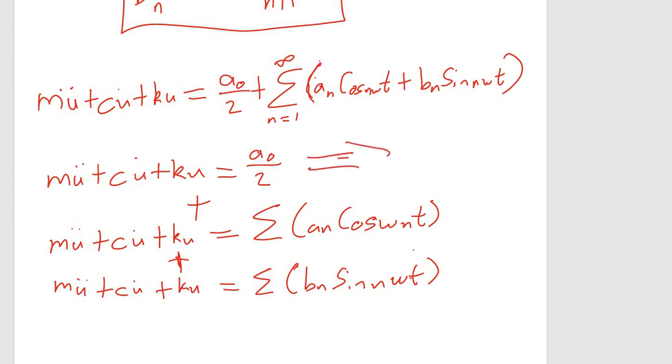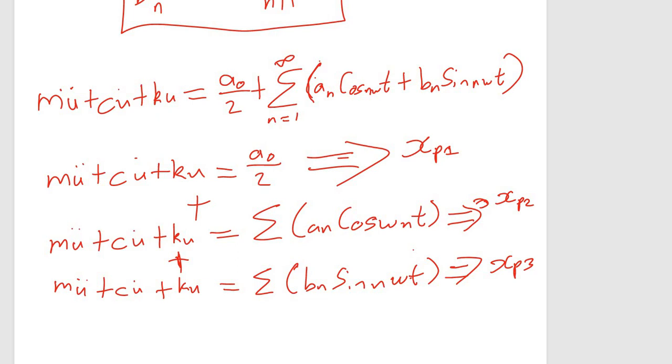From this one, I'm going to get a particular solution associated with this, which I'll call xp1. Then I'm also going to find a particular solution associated with this one, which I'll call particular solution 2. Lastly, I'm going to have the solution associated with this term, which I'll call particular solution 3.